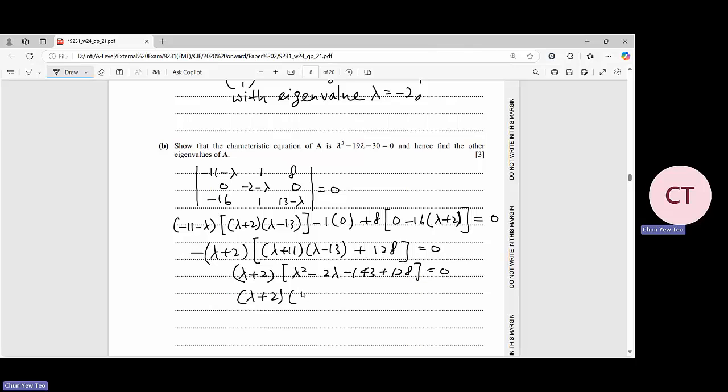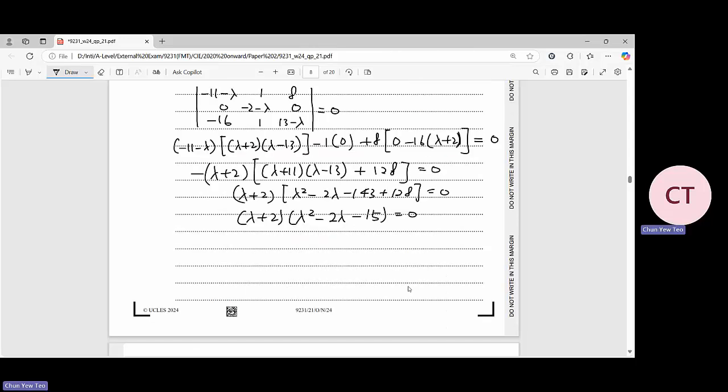Expand and simplify, and you get lambda square minus 2 lambda minus 15. If you expand further, you get lambda cube minus 2 lambda square minus 15 lambda plus 2 lambda square minus 4 lambda minus 30 equal to 0. Therefore, this one can cancel, and you successfully get lambda cube minus 19 lambda minus 30 equal to 0. Shown.